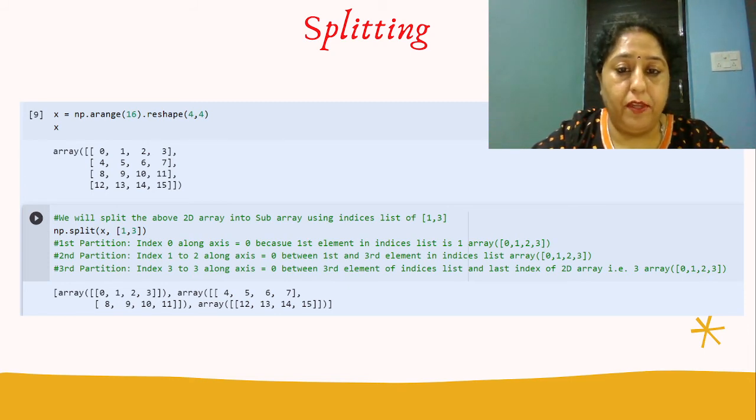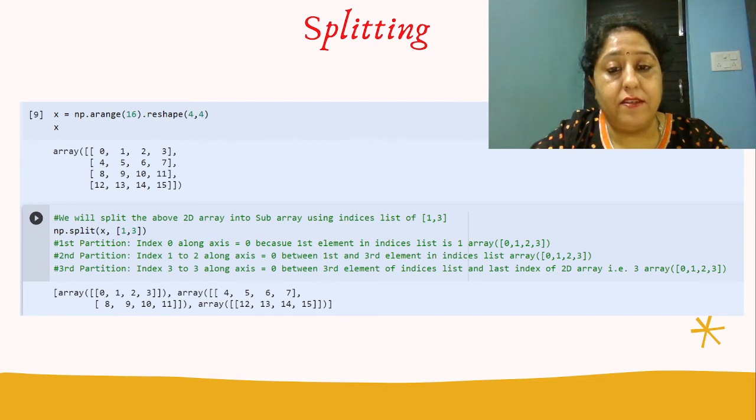Now we will split the above two-dimensional array into subarrays using the index list of 1, 3. When you do it like this, you will have two elements in the list, so you will have 3 partitions.